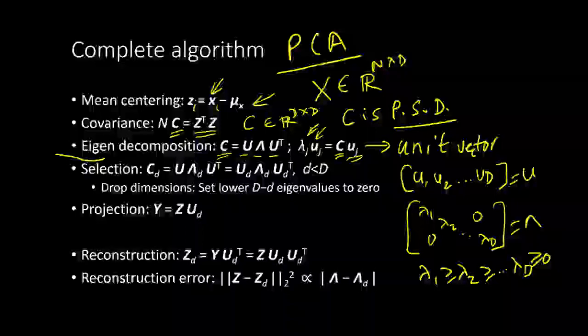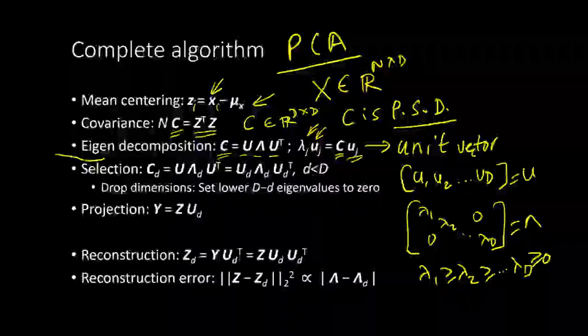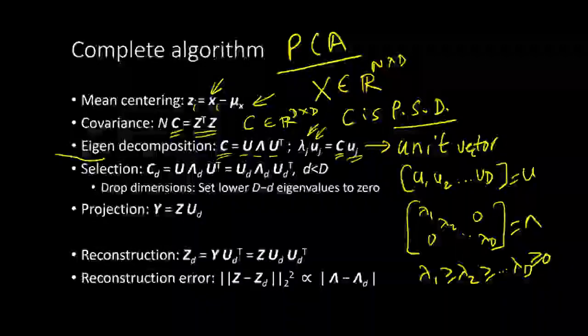If we pair them with their eigenvalues such that u1 corresponds to the largest eigenvalue, u2 to the second largest eigenvalue, and so forth, then the direction u1 will capture the direction of maximum variance, u2 will capture the orthogonal direction of the second maximum variance, u3 the orthogonal direction of the third maximum variance, and so forth.